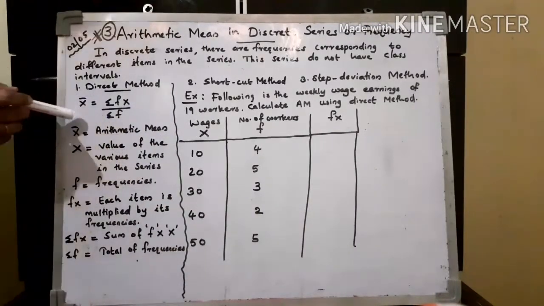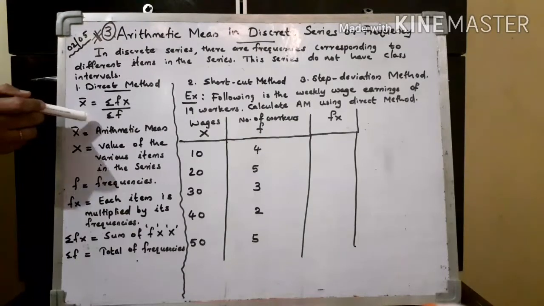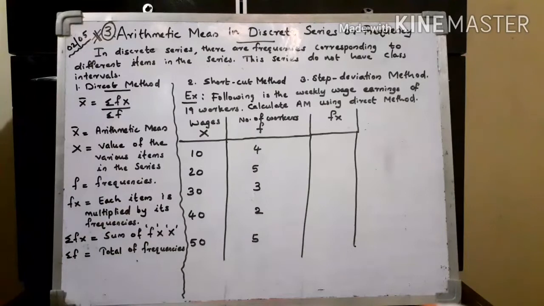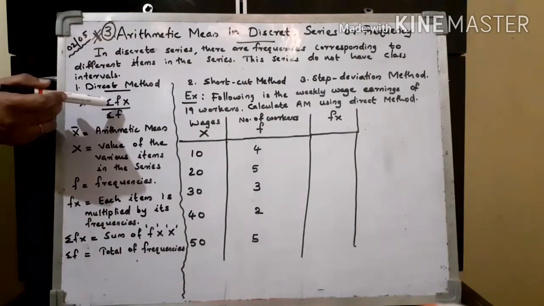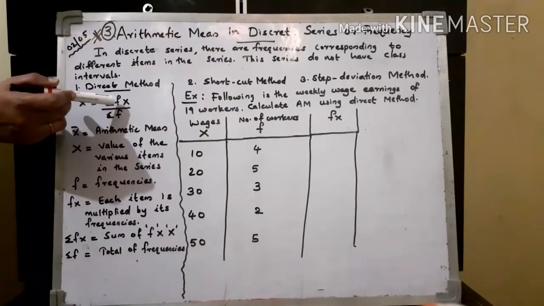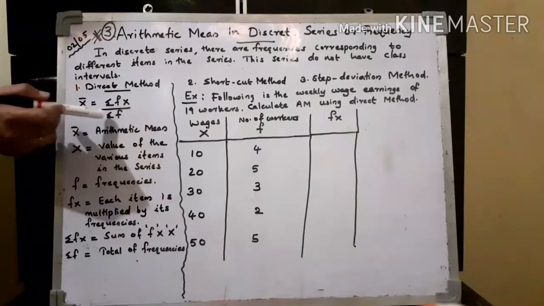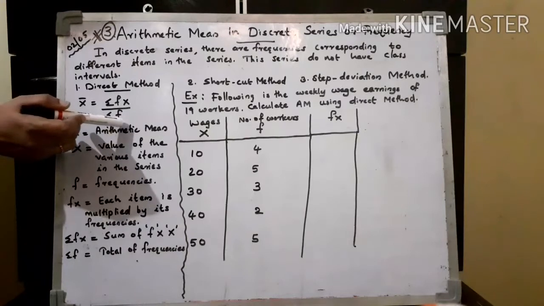In this direct method, x bar is equal to sigma fx divided by sigma f. Sigma means summation: summation of frequency and the variable, divided by summation of frequencies.